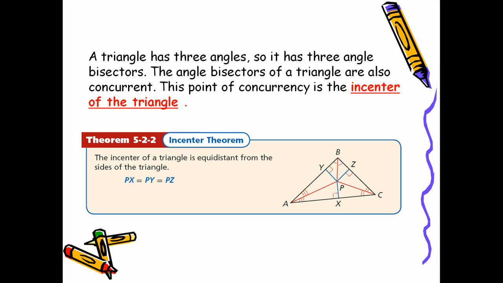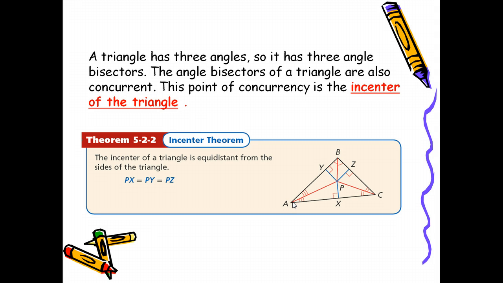Remember before we had the circumcenter. It was equidistant from the vertices of the triangle. The incenter is equidistant from the sides, so it must be here inside this.